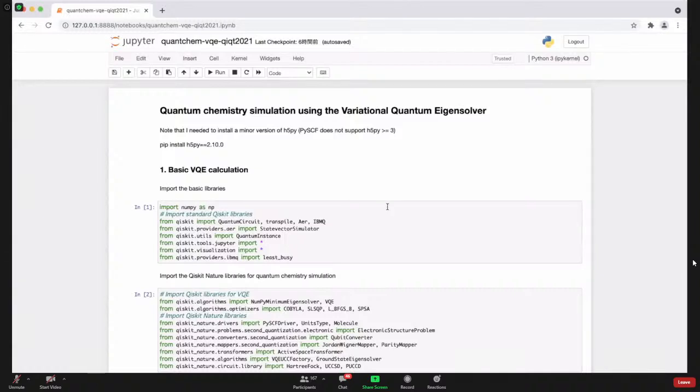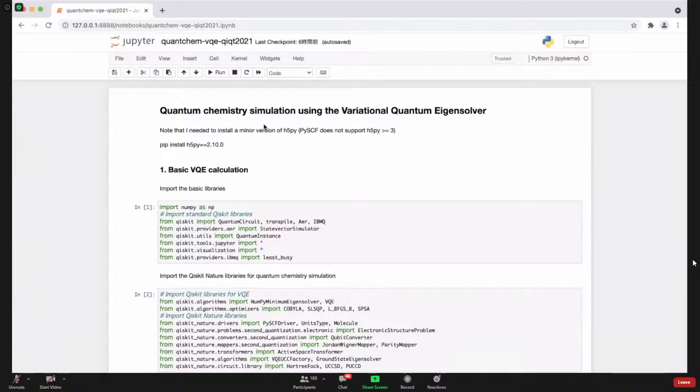Yes. Okay, thank you. So now I'd like to move on to the Qiskit tutorial. What we're trying to do is use the variational quantum eigensolver I just introduced to solve a quantum chemistry problem.